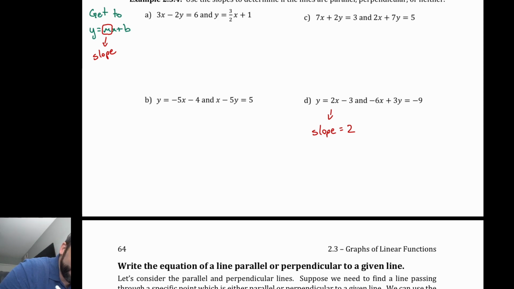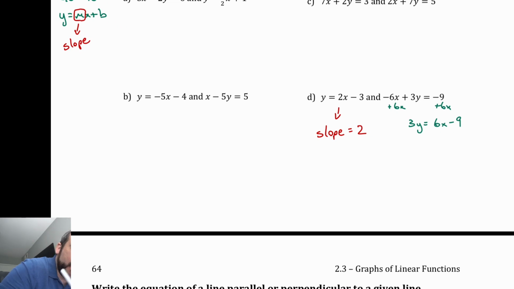And then if I were to solve this second equation for y, we're going to add 6x to both sides. 3y will equal 6x minus 9. And then divide both sides by 3. Y will equal 2x minus 3, right?